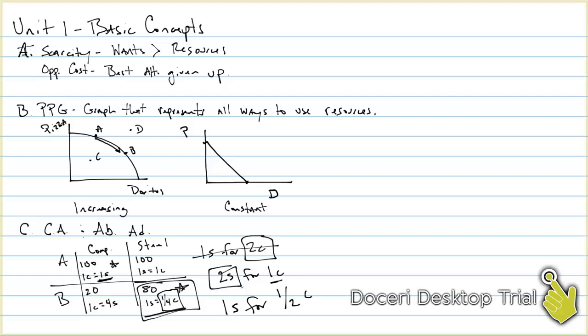How did I find that? I found the reciprocal. If 1 computer was traded for 2 steel, then 1 steel would be traded for 1/2 a computer. And since 1/2 a computer is greater than a quarter computer, then this works for both, and we got a trade.